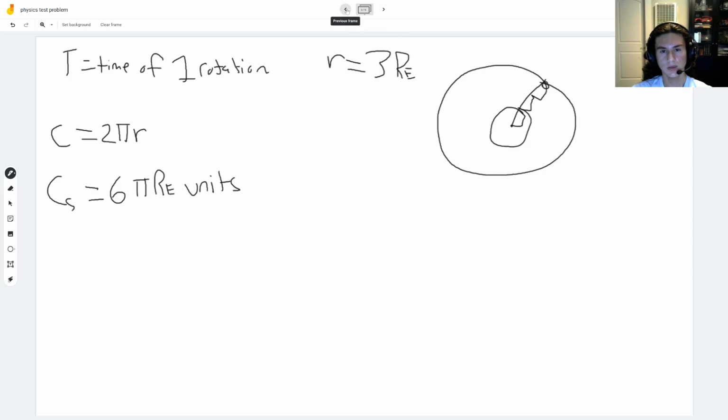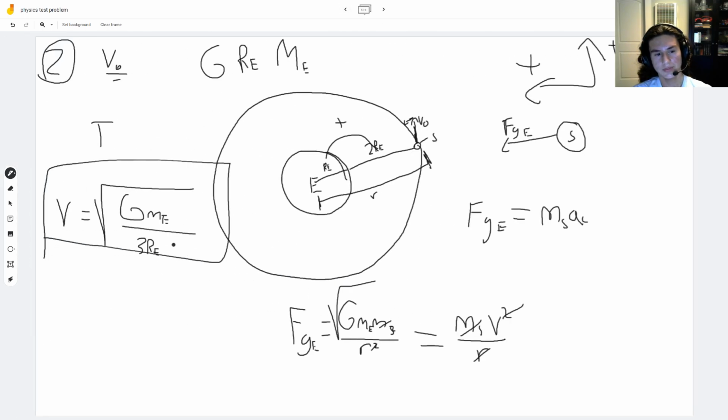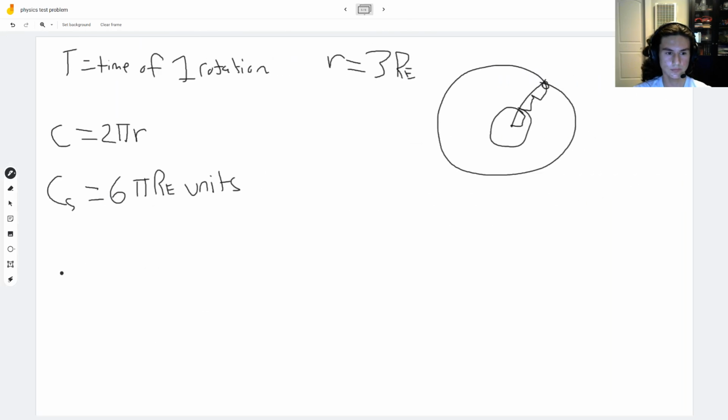So now we know that our velocity is root of GME over 3re. So velocity is equal to root G, being gravity, ME being mass of Earth, over 3r.